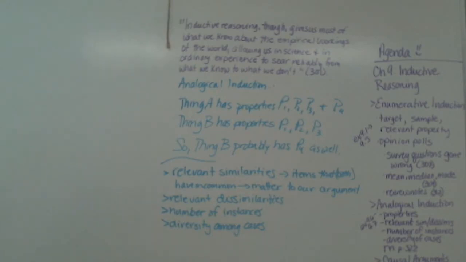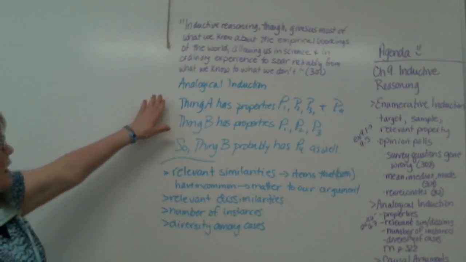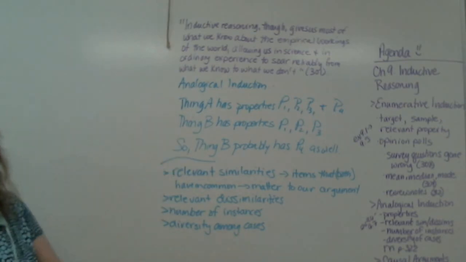We need to be careful when we're talking about diversity that we're talking about natural diversity and not something that we've assumed is diverse. Observed diversity. So if I'm looking at these things, they're all mammals. That takes our diversity down just a little.